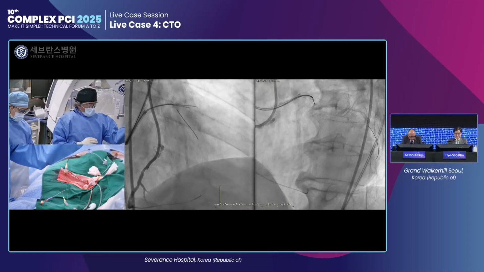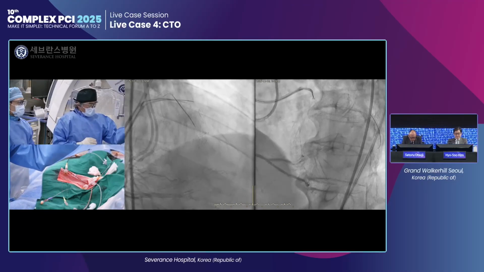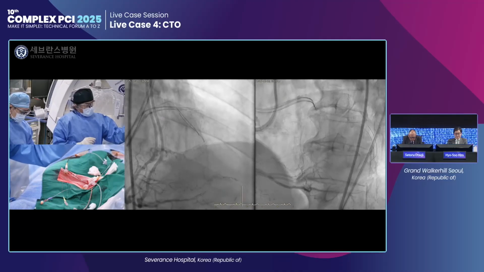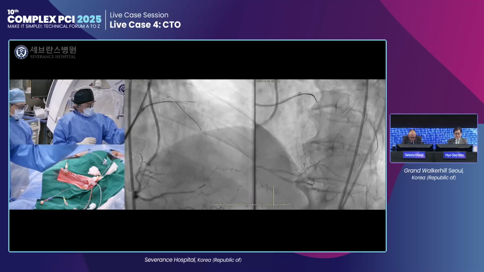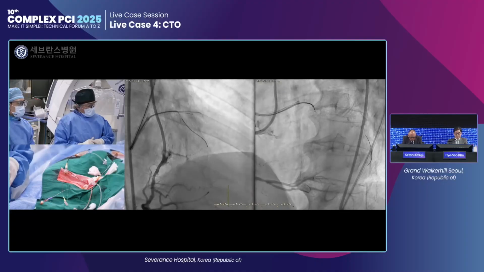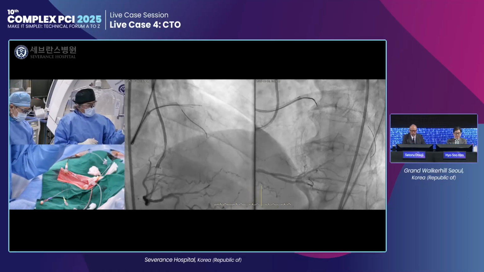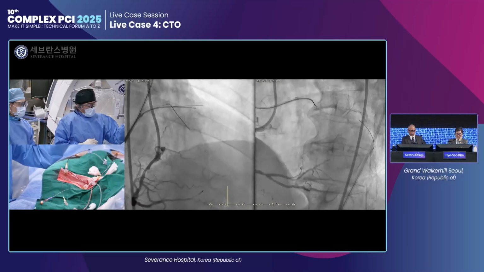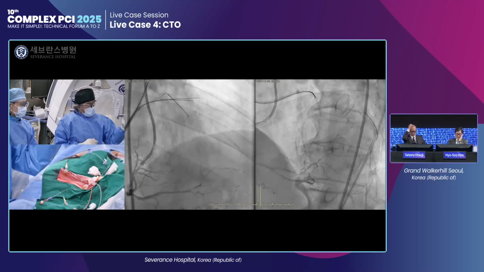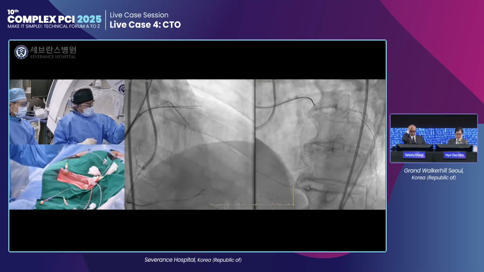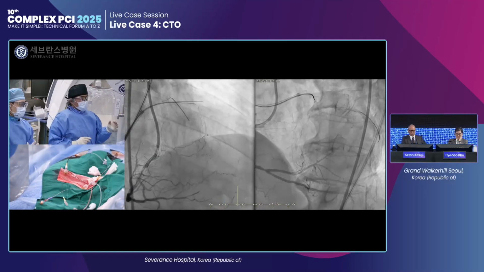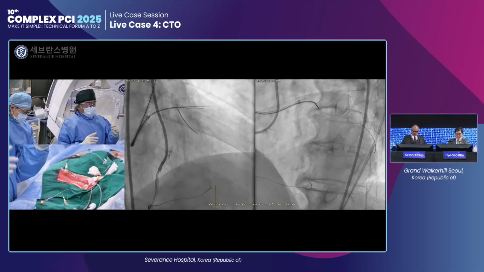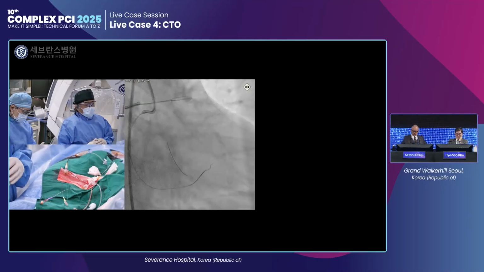From the retrograde injections, we already obstructed the retrograde course, there was no further leakage. Positive one, and then I will do it again with the Gaia Next 3. However, the wire position is not so good, so I think it is better to change to the retrograde approach.